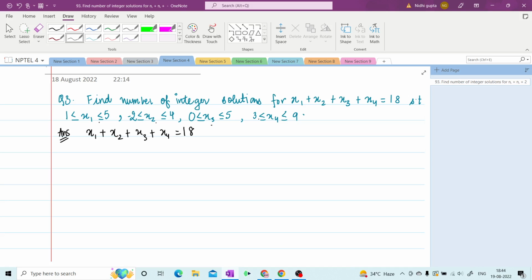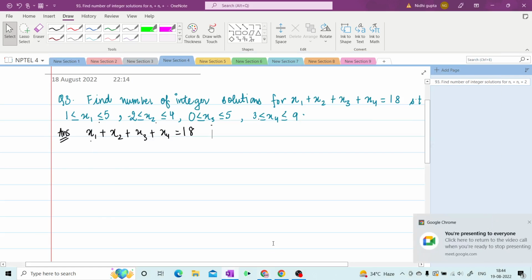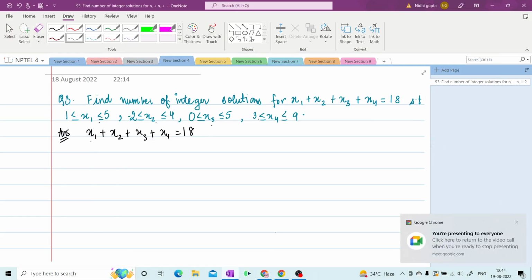Suppose if we had no conditions on these xi's, do we know what are the possible integer solutions?